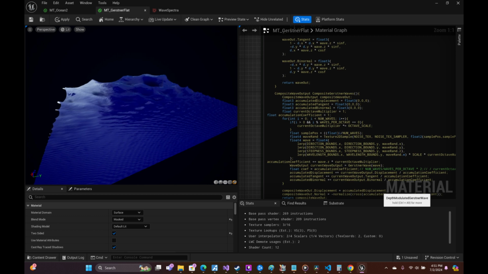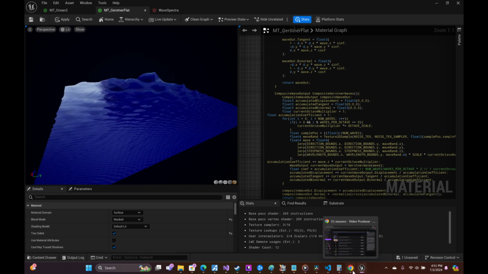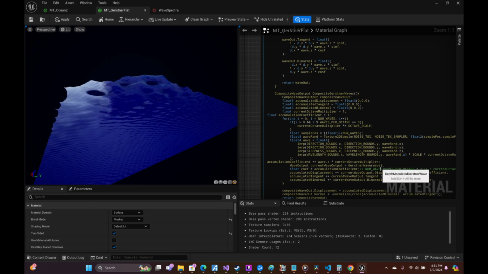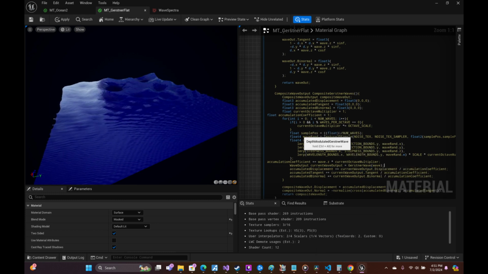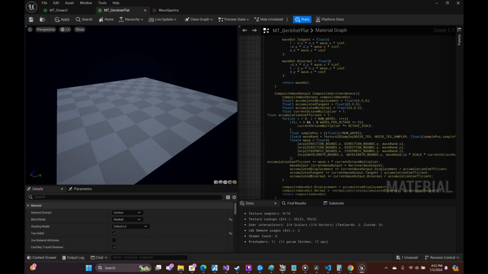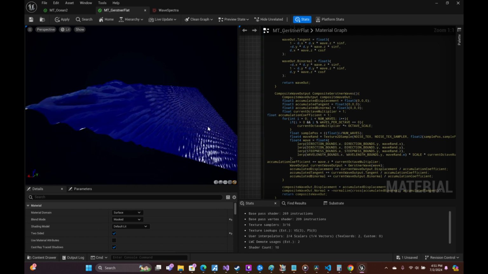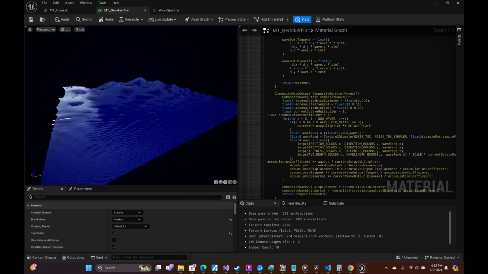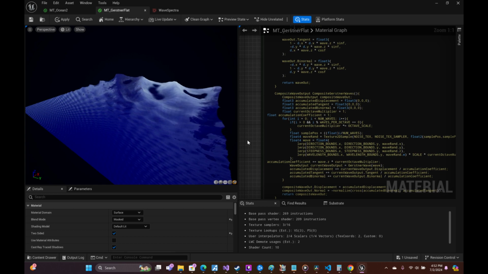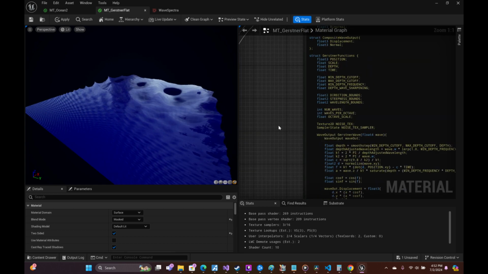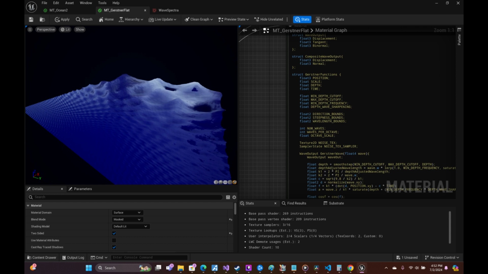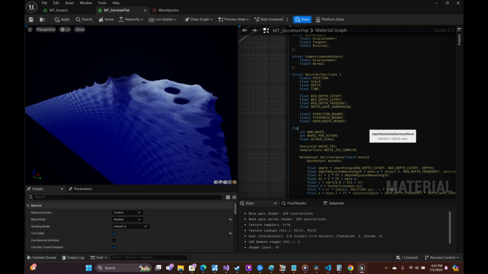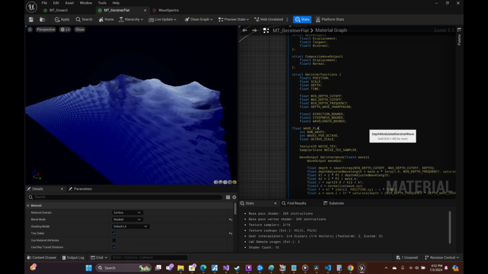So that might do it. I'm a little surprised it works, to be completely honest. But it does appear to be doing what we wanted to do. So we need a new value. We'll call it float wave flatness.